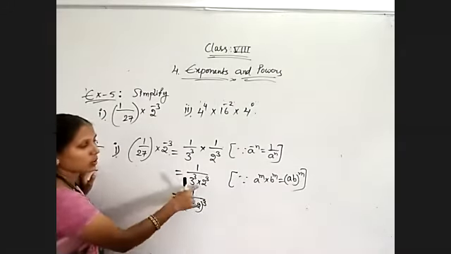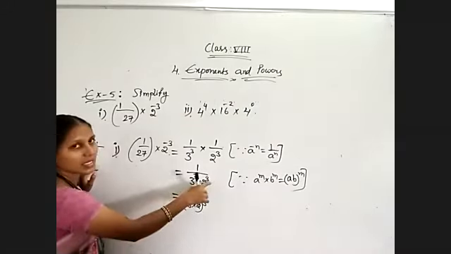Understand? a power m into b power m is equal to ab whole power m. That is 1 by 3 2s are 6, 6 cube. That's all. Simplification is this much only. What is the 6 cube value? 6 6s are 36, 36 6s are 216. So 1 by 216 is the simplified value.